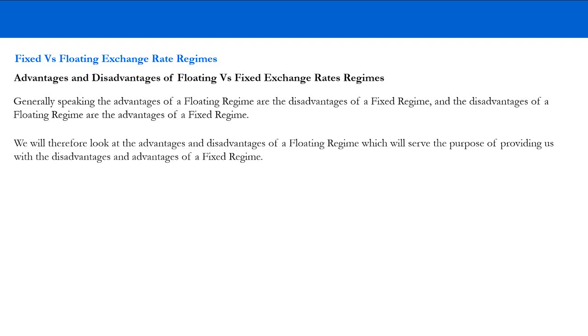Generally speaking, the advantages of a floating regime are the actual disadvantages of a fixed regime and vice versa. So what we'll do is actually look at the advantages and disadvantages of a floating regime, which will serve the purpose of providing us with the disadvantages and advantages of a fixed regime.